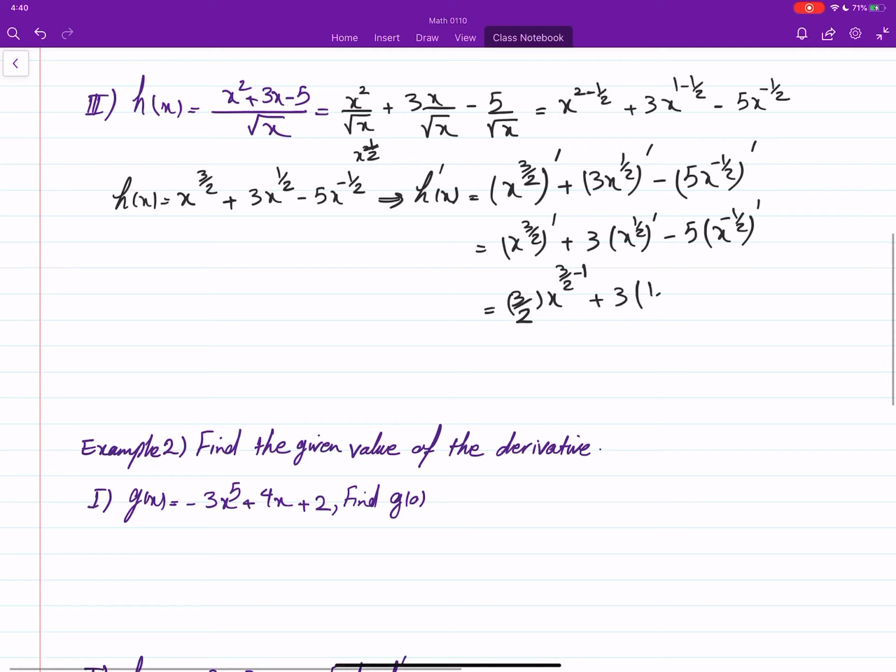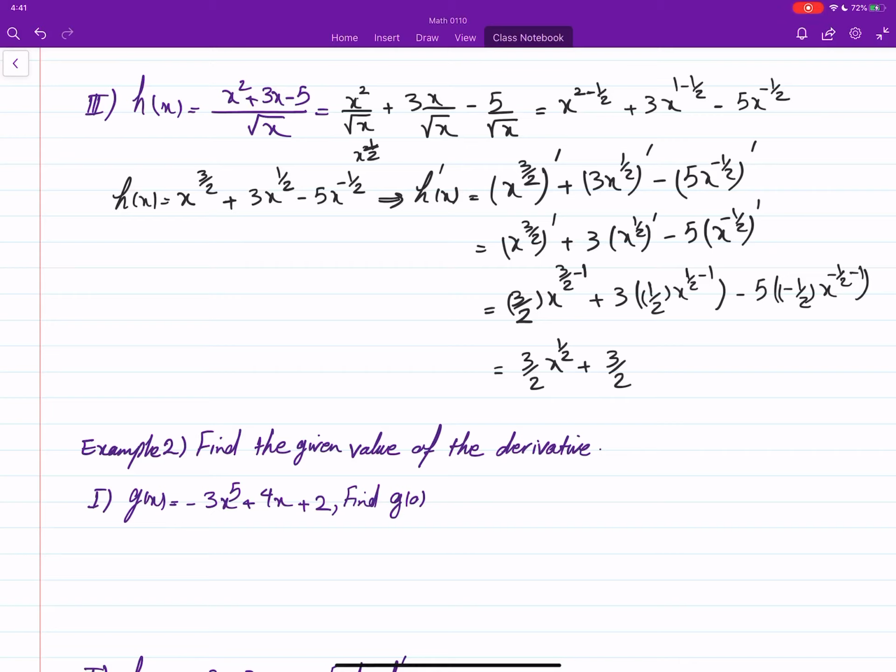This is 1 over 2 times x to the power 1 over 2 minus 1 minus 5. Negative 1 over 2 x to the power negative 1 over 2 minus 1. This is 3 over 2 x to the power half plus 3 over 2.